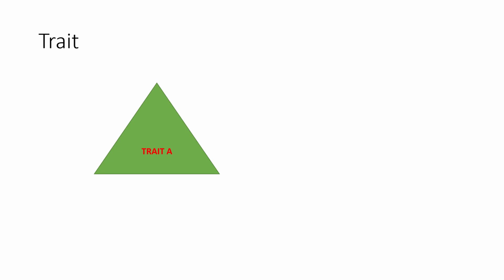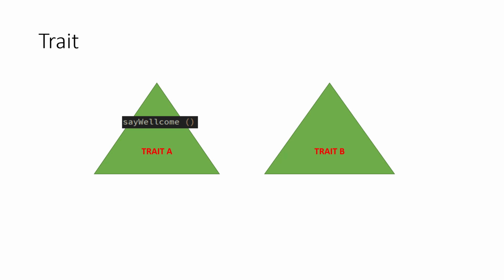For example, this is a trait, shown as a triangle, and the trait name is A, and it has a function, say welcome. Later we will see it in our code also. So assume this is trait A with a function say welcome, and trait B has a function to my channel.